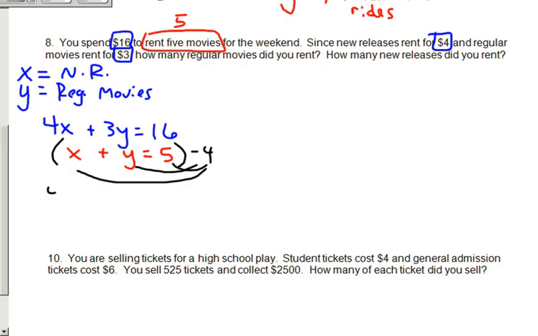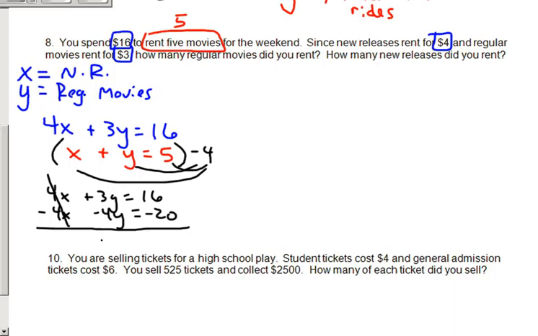Okay, this gives me 4x plus 3y equals 16. -4x minus 4y equals -20. We've created our opposites. Those ones cancel. -1y equals -4. So that tells me that y equals 4, which represented regular movies, so 4 regular movies.